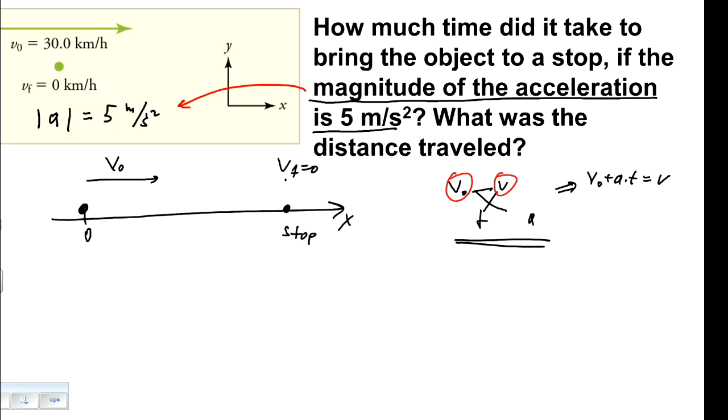So please calculate time. Yes? You can also calculate time using the equation for acceleration. I mean, just like average acceleration. Thank you. That's a very good question.